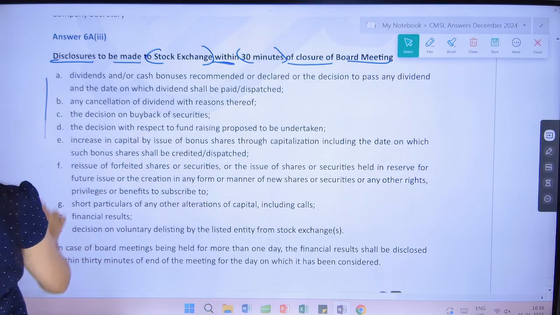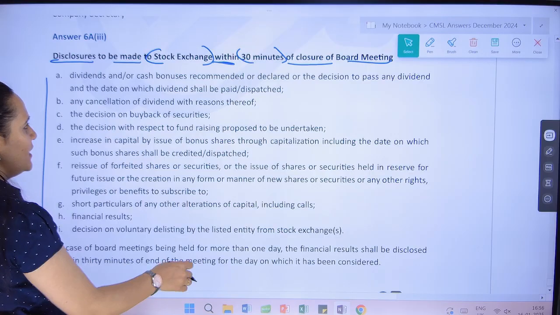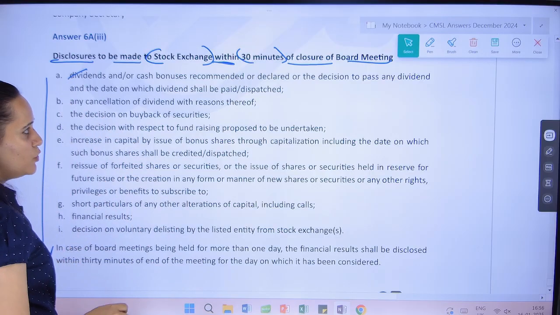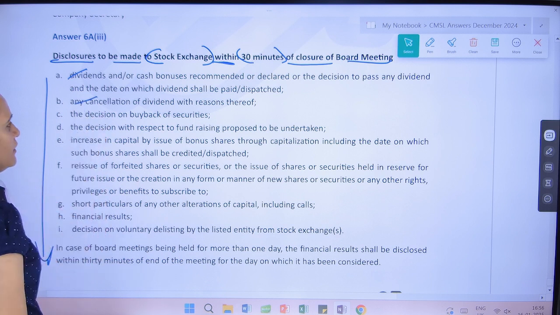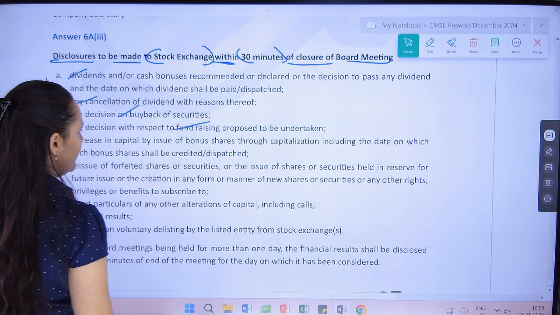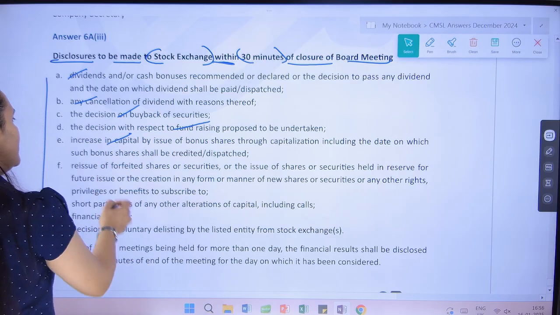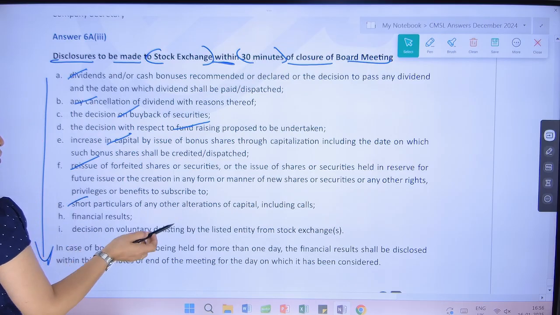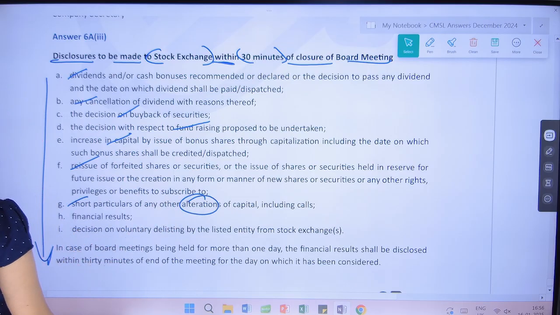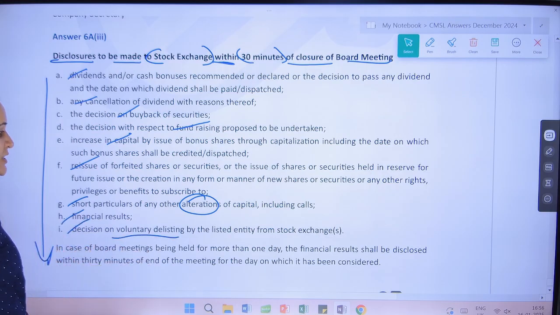A long list is provided for under the provisions. You can mention those. For example, dividends, cash bonus, whether it is interim dividend or regular dividend, cancellation of any dividend along with reasons, decision of buyback, decision of further fundraising, decision of increasing the share capital through bonus issue, reissue of forfeited shares, short particulars of any other alterations that you are going to make to the share capital, financial results, results of voluntary delisting of the company.